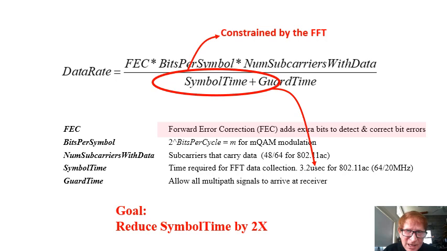For example, a 5/6 FEC will insert a single added bit for every 5 bits, or a 20% reduction in data rate, but quite effective in recovering data if we have errors at the receiver. Next, the bits per symbol is linked to the selected MQAM at the transmitter and can range from 1 bit all the way up to 10 bits.